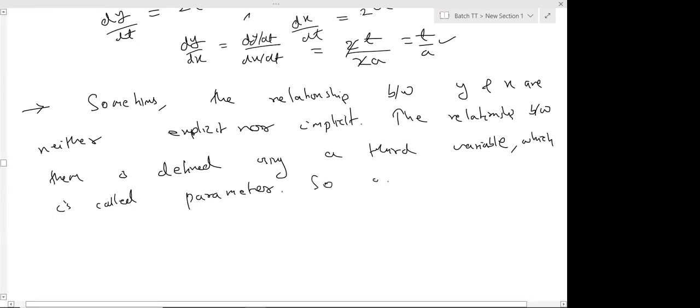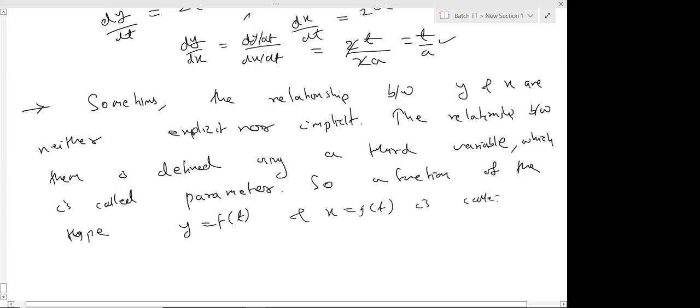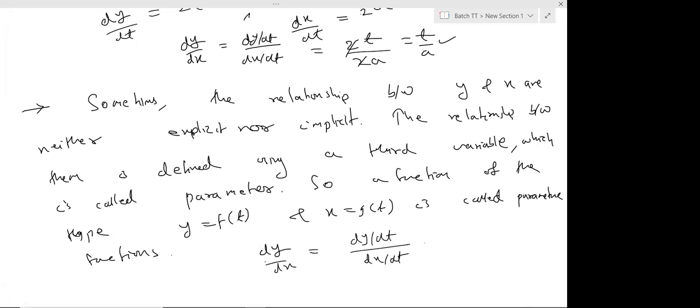So a function of the type y equals f of t and x equals g of t is called parametric functions. All right, and dy by dx will be equal to dy by dt upon dx by dt. Note this down also.